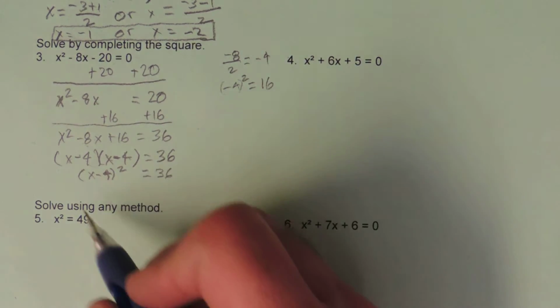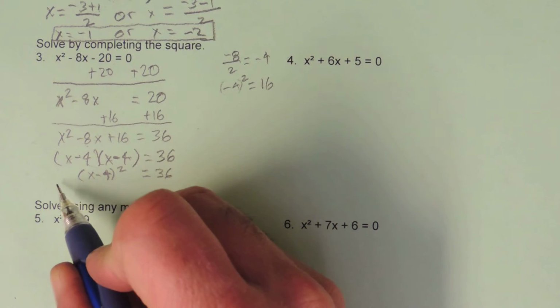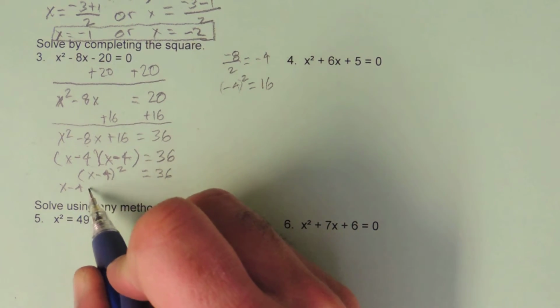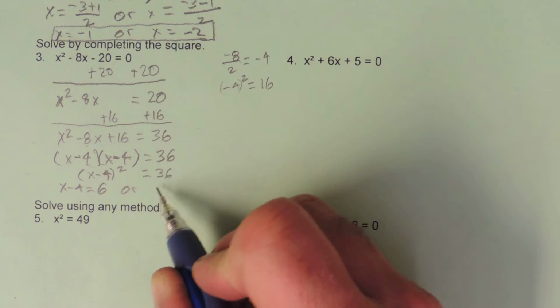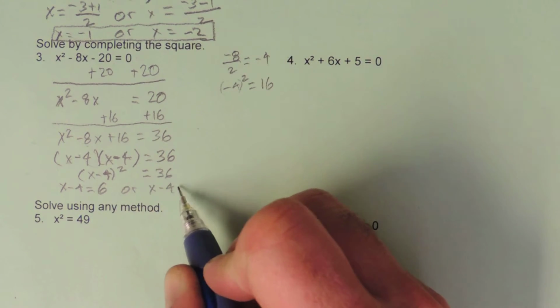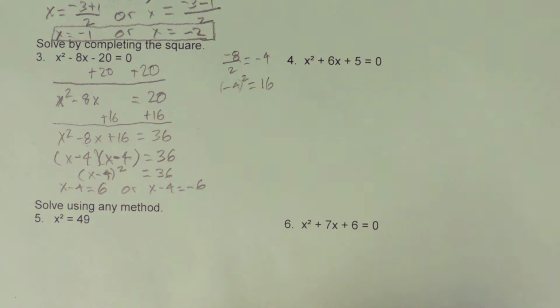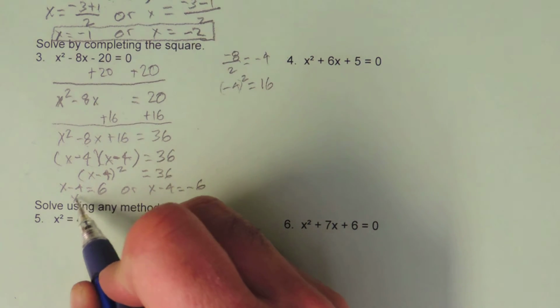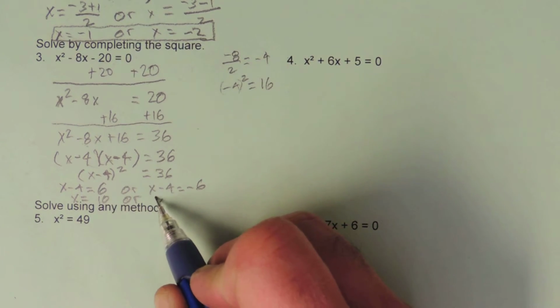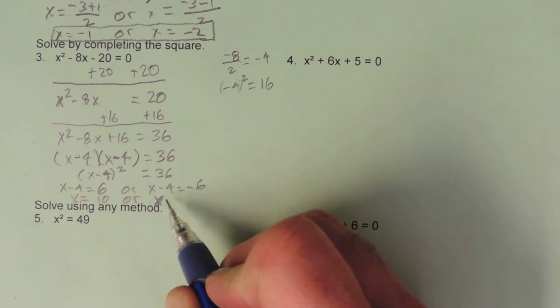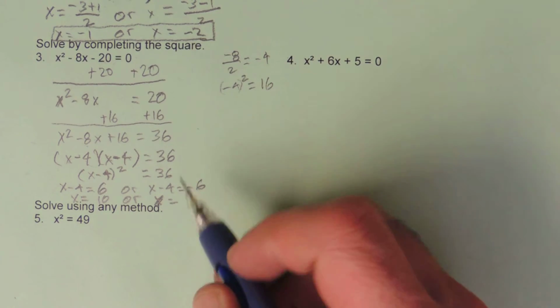I take the square root of both sides, and I know that either x minus 4 equals 6 or x minus 4 equals negative 6. Adding 4 to both sides, x equals 10 or x equals negative 2.